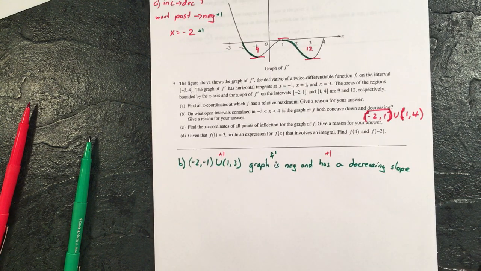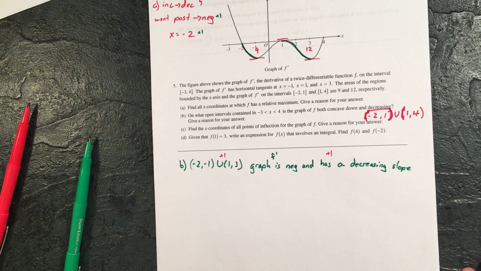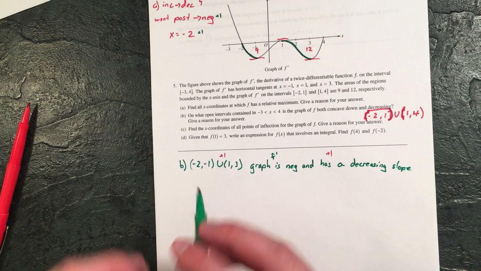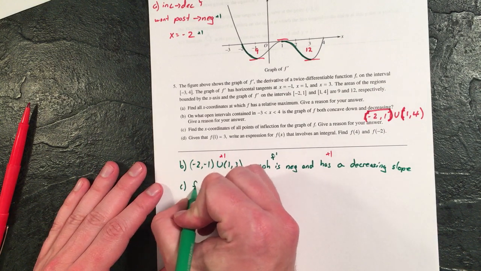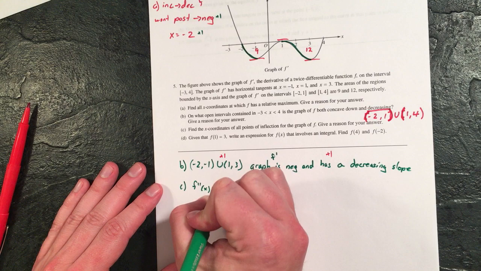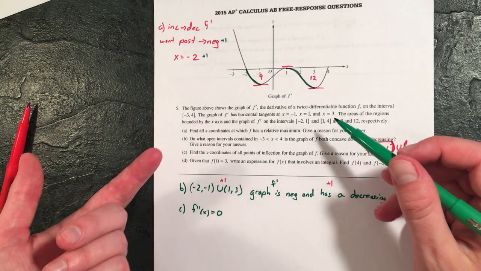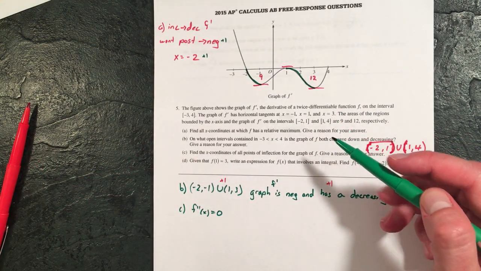On to C. Find the x-coordinate of all the points of inflection of the graph of f. So remember, points of inflection would be where the second derivative equals 0. Since we have the first derivative, that would be where it changes.